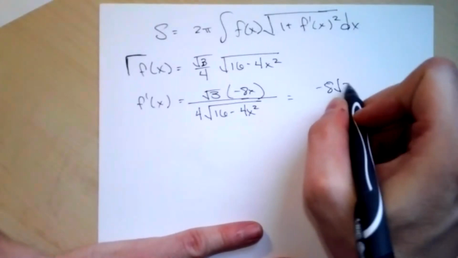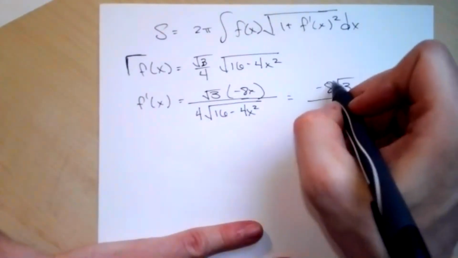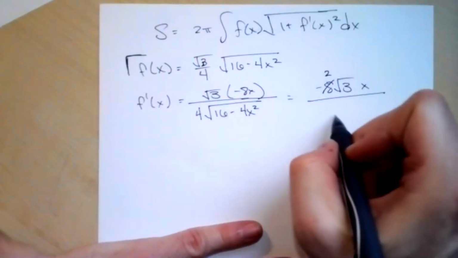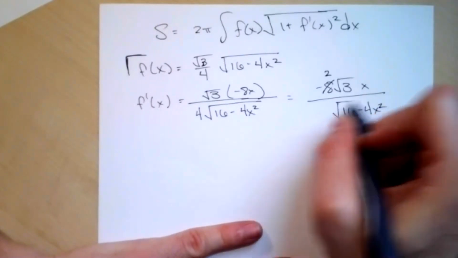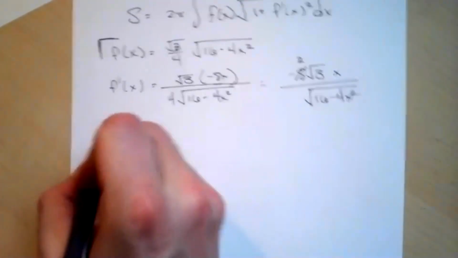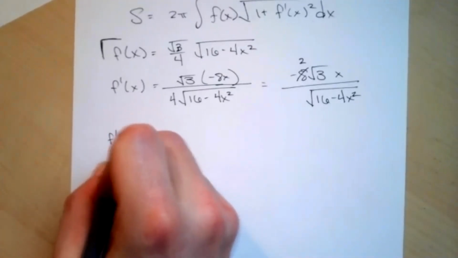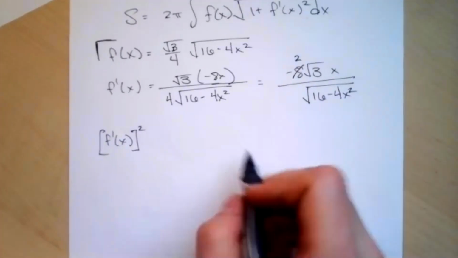Simplifying a little bit, we can cancel that 4 and 8 out. And then the other thing I like to do, even as scratch work, is square that.